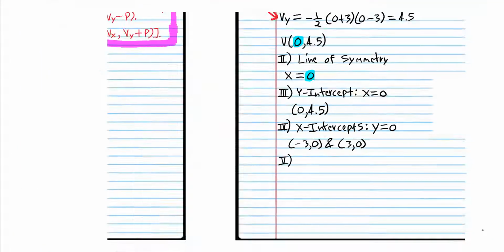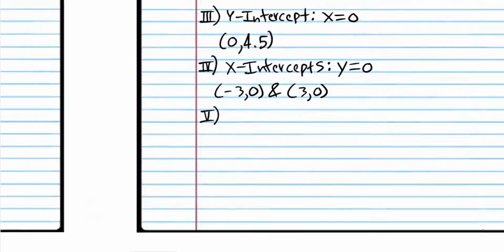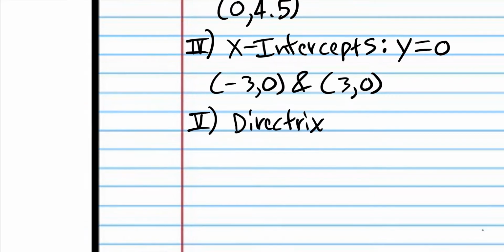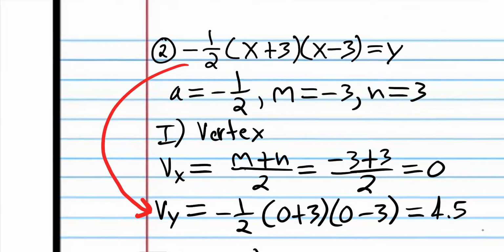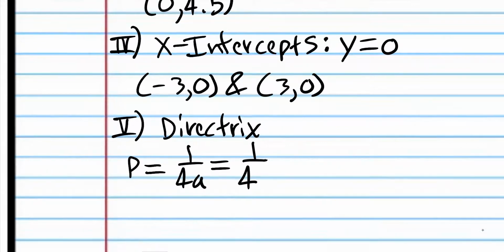Step 5. What is step 5? Let's find p, because we're going to find the directrix. We're going to draw the directrix, and we need to find p. So p is equal to 1 over 4a. And of course a, we have up here, a is -1/2. So I'm going to plug in -1/2.